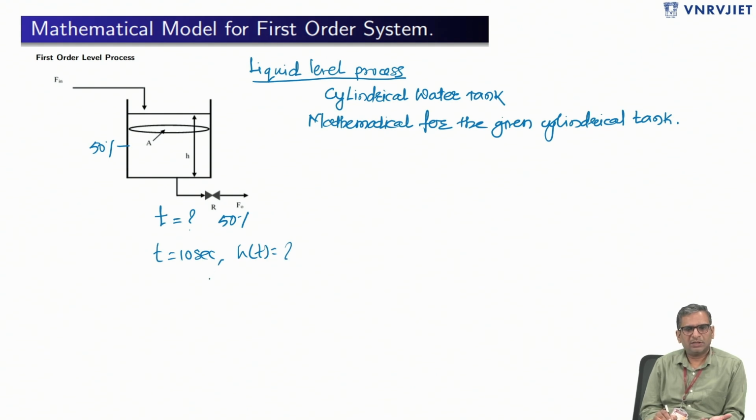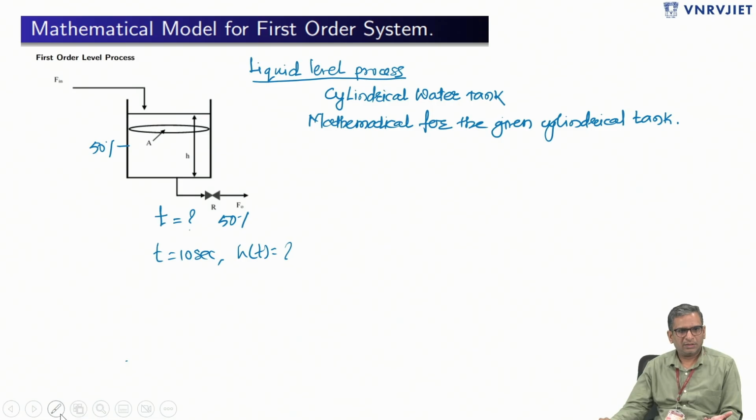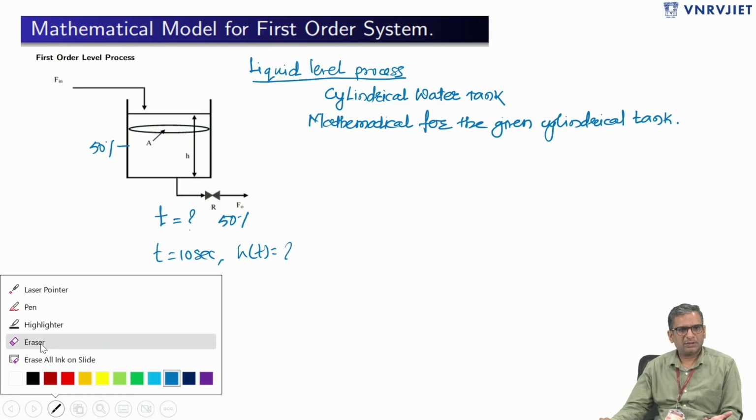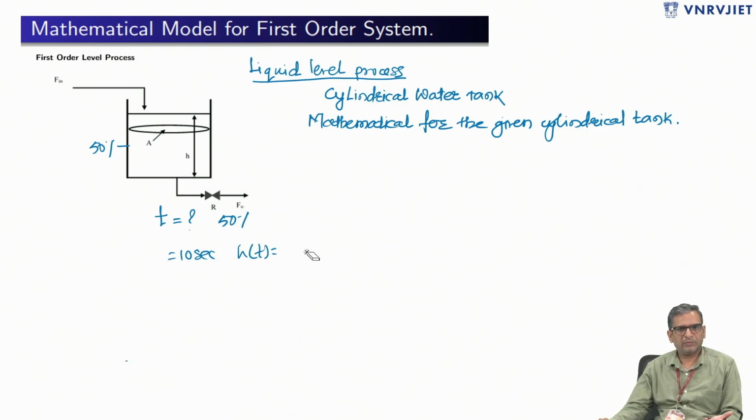So for that purpose, if we have a mathematical model, then we can easily analyze plant behavior. We'll see how to find a mathematical model for this particular cylindrical liquid level tank.